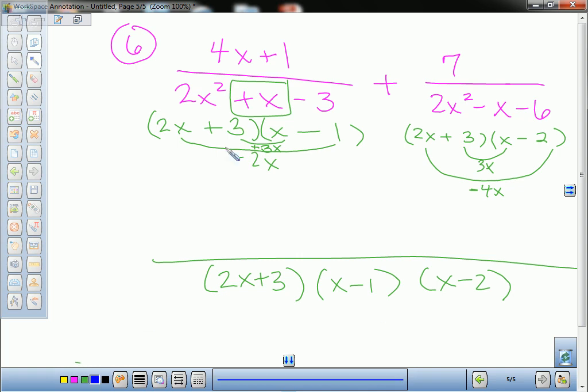All right, what does this first one have to be multiplied by? What was it missing? The negatives, the 6. Negative 2. x minus 2. That's what it was missing. What was the second one missing? x minus 1.